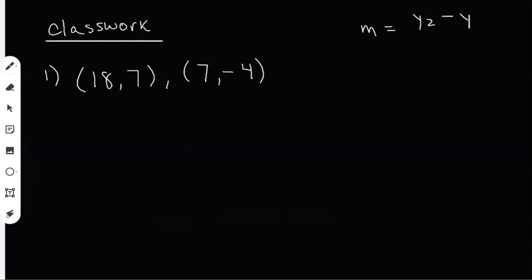So for the first one, it's going to give you 18, 7 and 7, -4. And we're still using the y2 minus y1 over x2 minus x1.